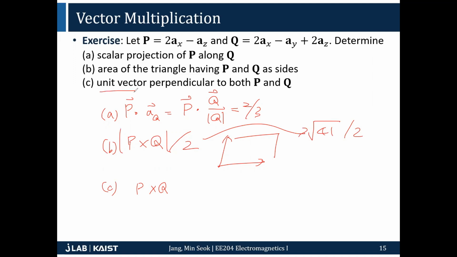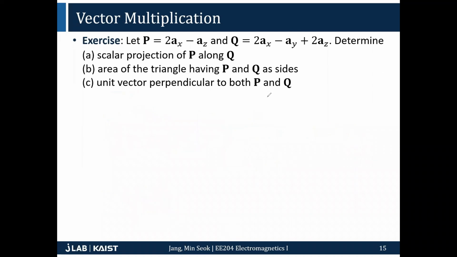So in order to get a unit vector, you need to divide it by its magnitude. And because you have 2 choices, up and down, you can put plus and minus. So these are the answers for this question.